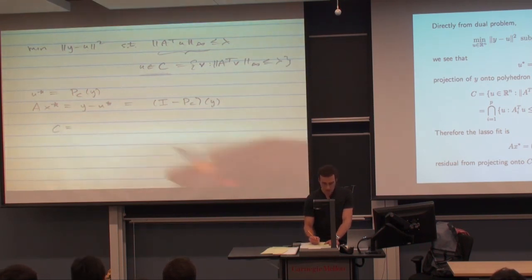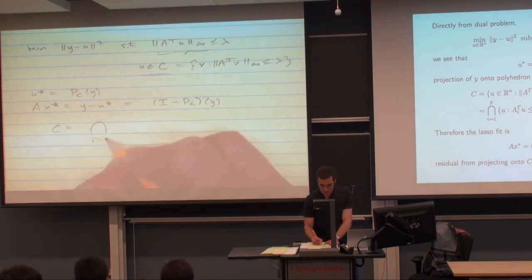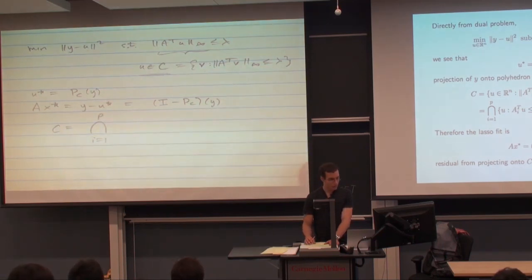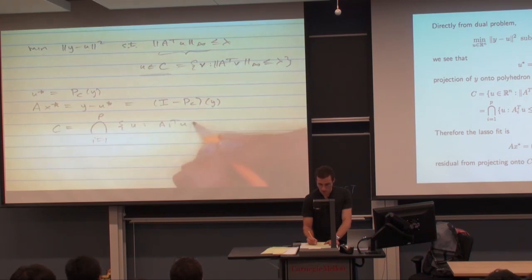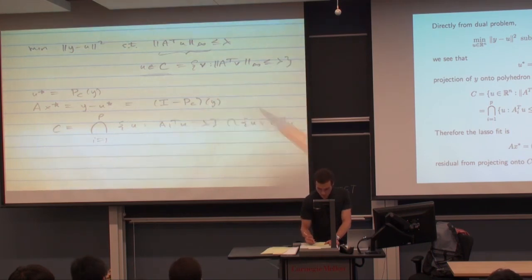C we can actually write as the intersection from i equals 1 to p of two things: the set of all u such that a i transpose u is bigger than or equal to minus lambda, and the set of all u for which a i transpose u is less than or equal to lambda.